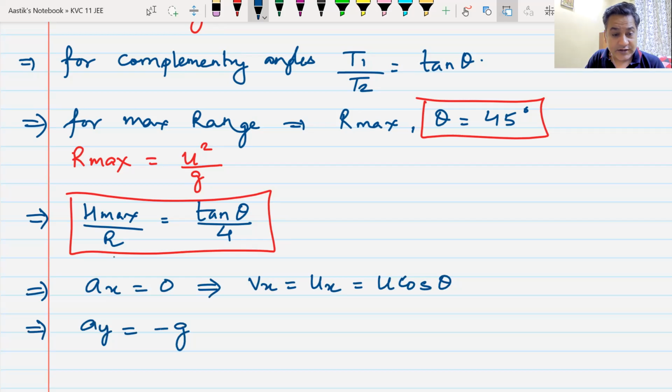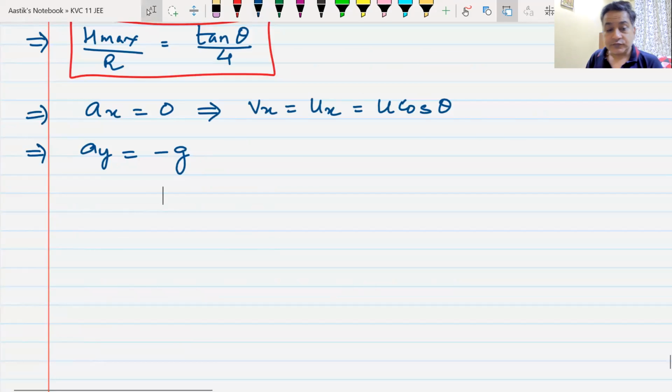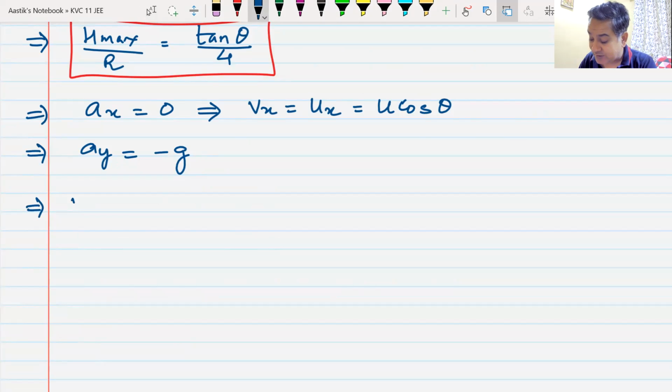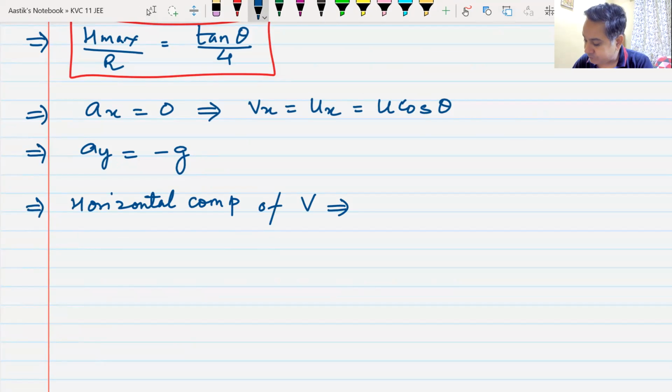So the only component in a projectile motion that changes is the vertical component. The horizontal component of velocity always remains same.